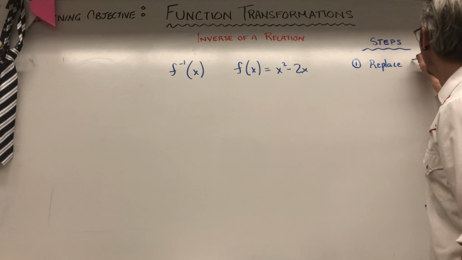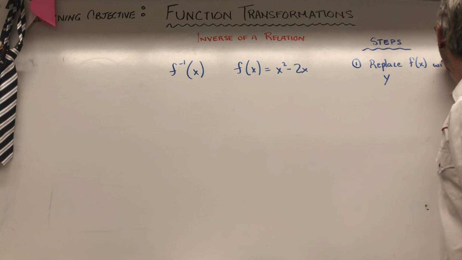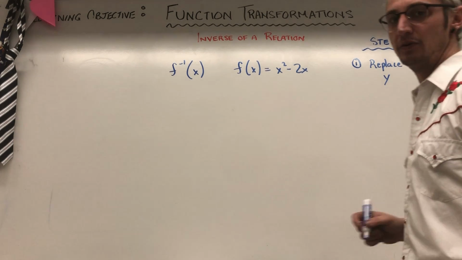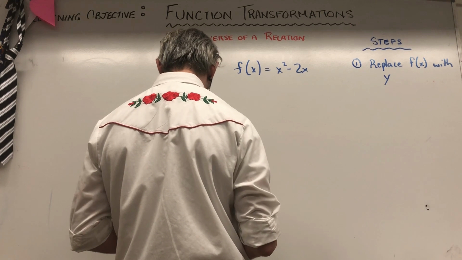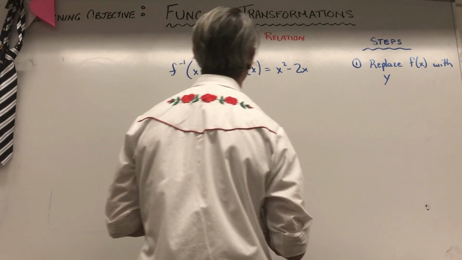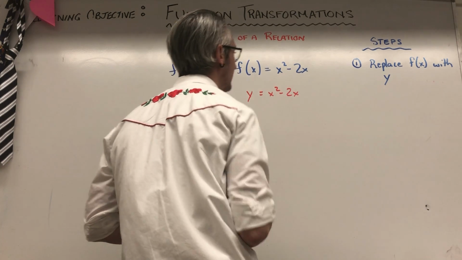I just want to work with y because it's easier to do algebra with one letter versus two and change. Y now is equal to x squared minus 2x.